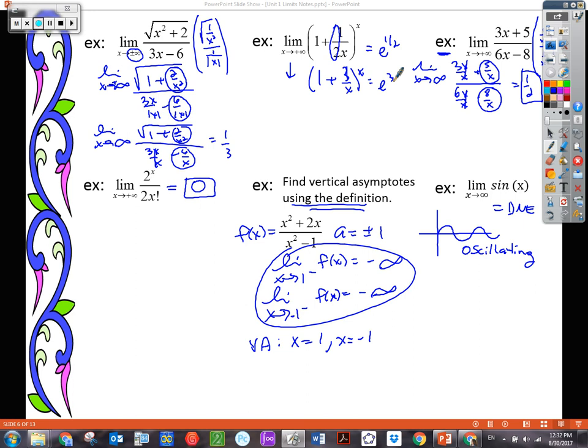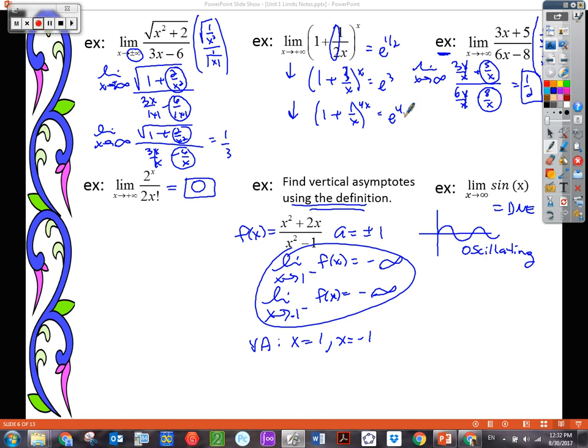We have that straight. But there's more. Also, there could be a number up here with the x. So what if you had the same limit, 1 plus, we'll keep it simple, 1 over x to the 4x. Our answer is going to be e to the 4th. What if that said 1/4 x? It'd be e to the 1/4. And even fancier and more fantastic, what if there are numbers in both places?